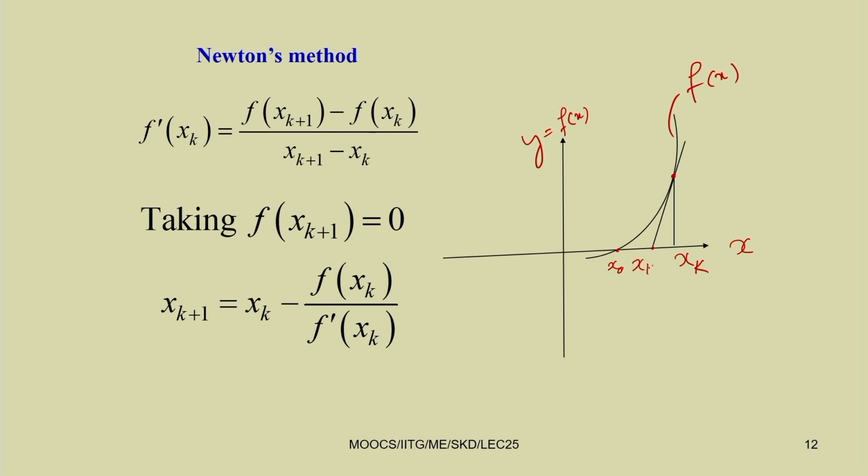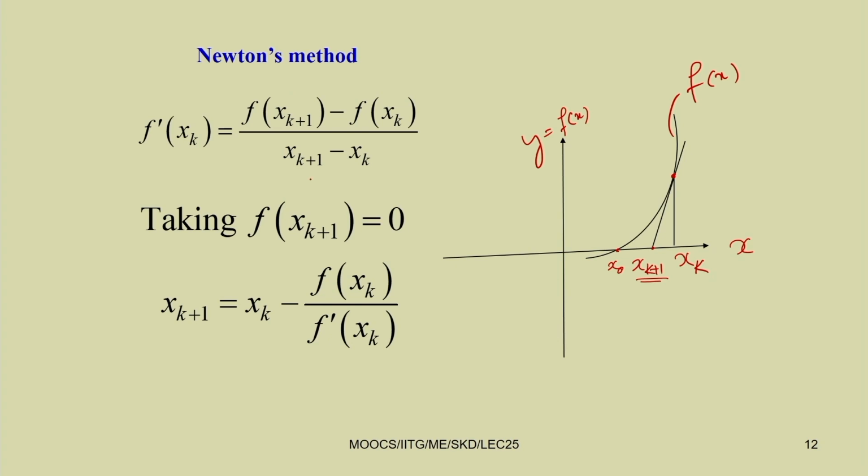We can find this xk plus 1 from this equation: we know f dash xk, that is the derivative of the function at xk, is nothing but f xk divided by xk plus 1 minus xk, with the sign arranged accordingly. Here, as we are assuming that at xk plus 1, y equals 0, we can take f of xk plus 1 equal to 0 and substitute it in this equation.